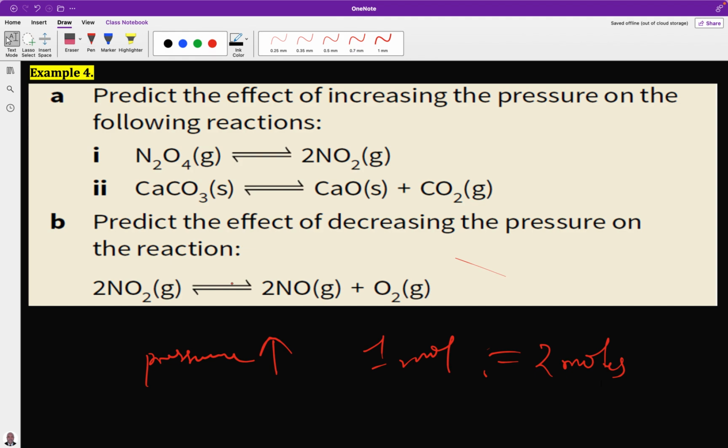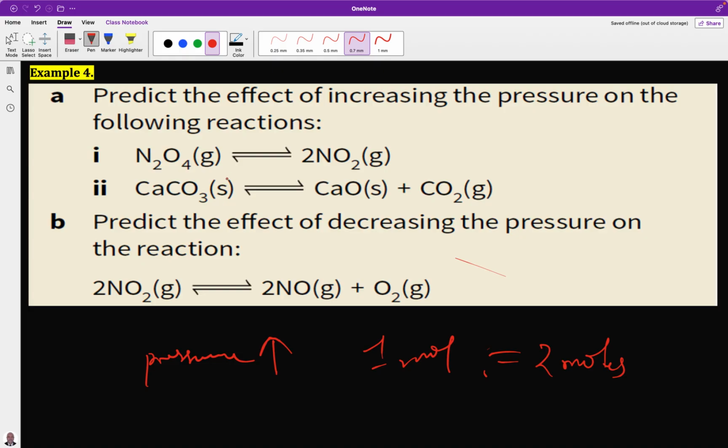Predict the effect of increasing the pressure. From what I explained, there is only 1 mole of N2O4 and 2 moles of NO2. If we increase the pressure here, what happens?